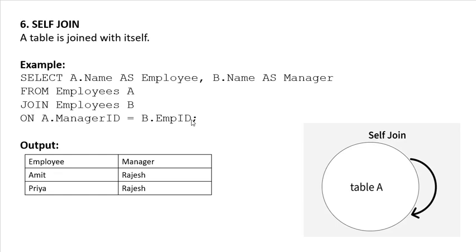The employee Amit has the manager Rajesh, and Rajesh is also a manager, so all the employees' names are shown. Another is Priya, whose manager is Rajesh.